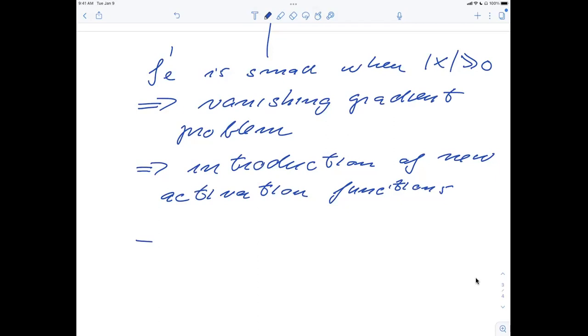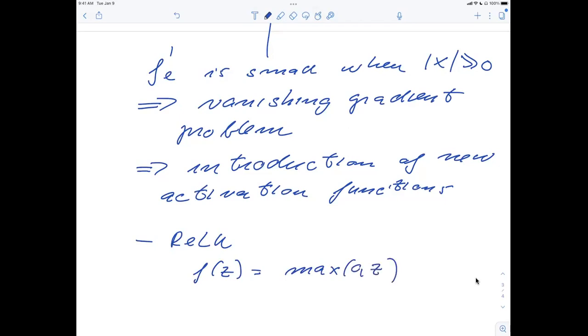So let's set up these functions. We have a ReLU, which means a rectified linear unit. And this is a pretty simple function because it says that f of z is simply given by max of 0 and z.